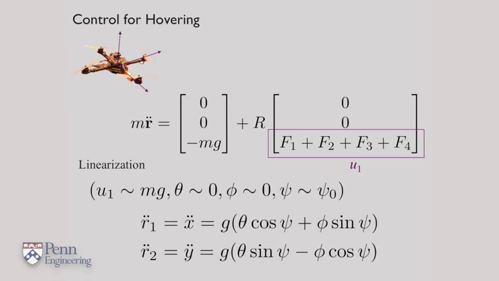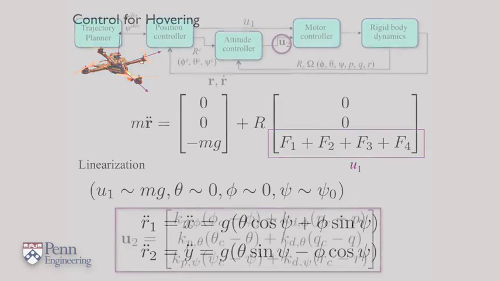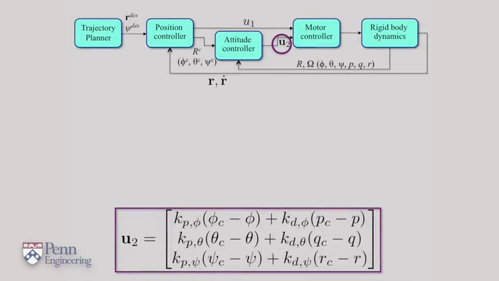If you linearize the equations, you'll end up with these simplified equations at the bottom for x double dot and y double dot. This allows us to design the inner feedback loop by simply specifying u2 using a proportional plus derivative controller. Here we assume that we have the commanded roll, pitch, and yaw angles and their derivatives, and all we require for feedback are the actual roll, pitch, and yaw angles and their derivatives.